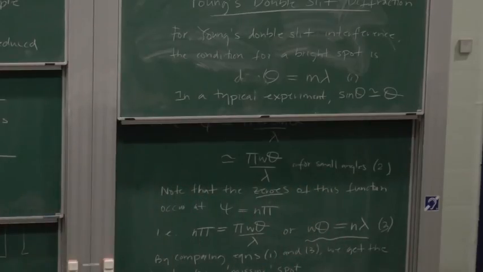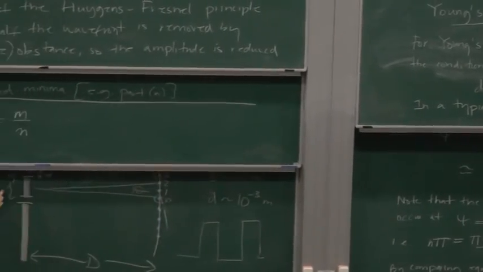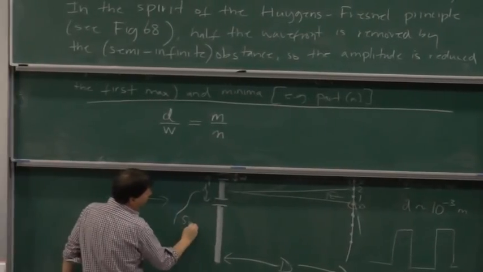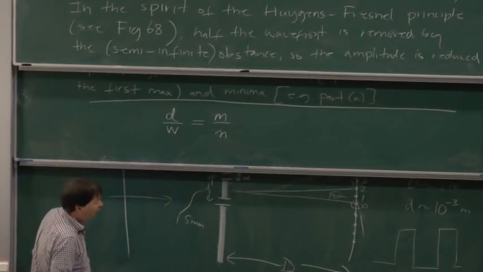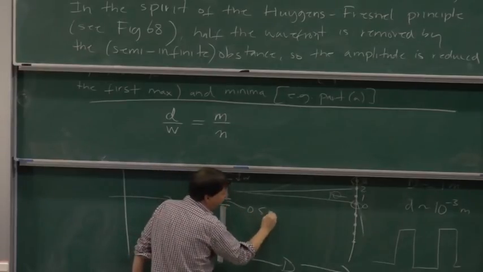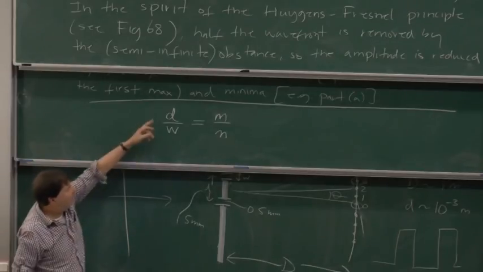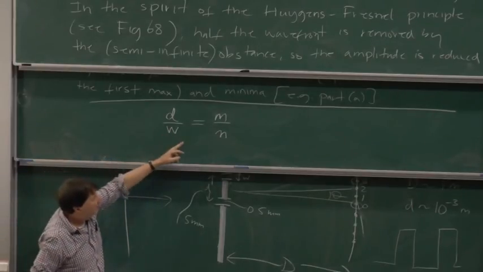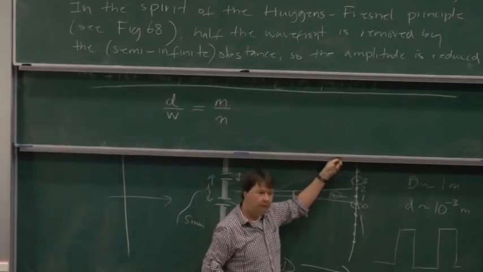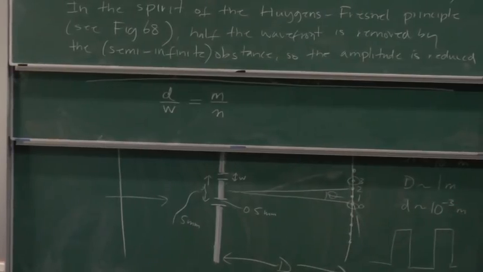So, for example, if the distance between these slits was, let's say, 1.5 millimeters, but the actual width of the individual slit was 0.5 millimeter, so in other words, my d over w is 3, then the third order spot here will disappear because it's lying on a zero of the single slit diffraction pattern.